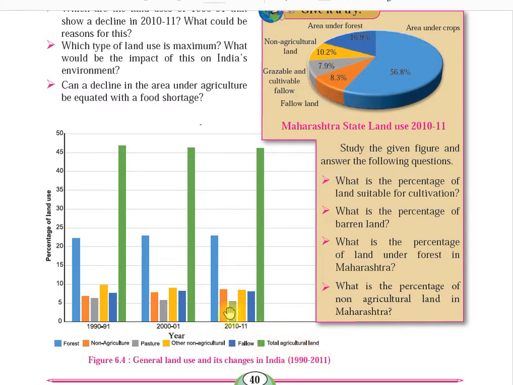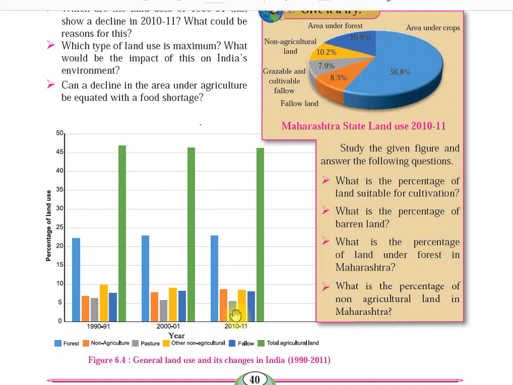Now what this question tells us, which are the land use of 1990-91 that shows a decline in 2010-11? What could be the reason? Now look at this bar, what they've shown of 1990-91 and 2010-11. Pasture land shows a decline.